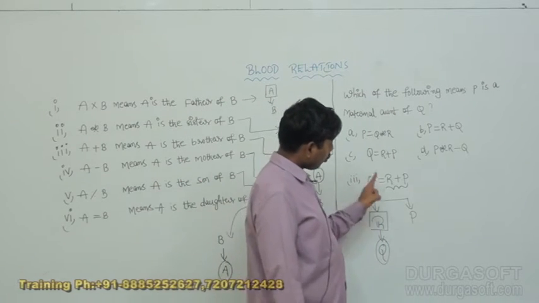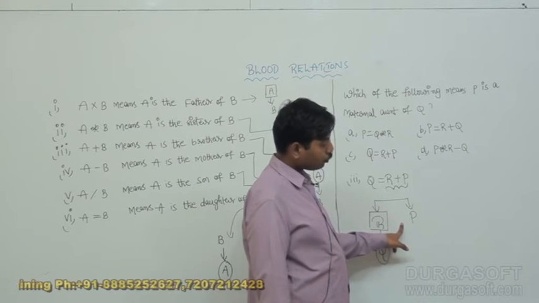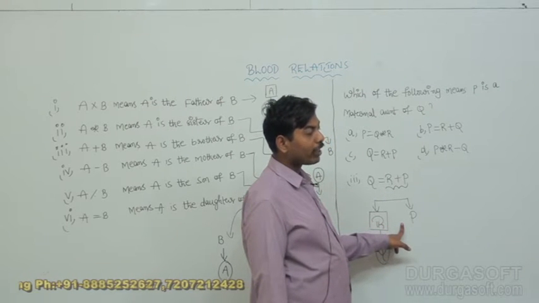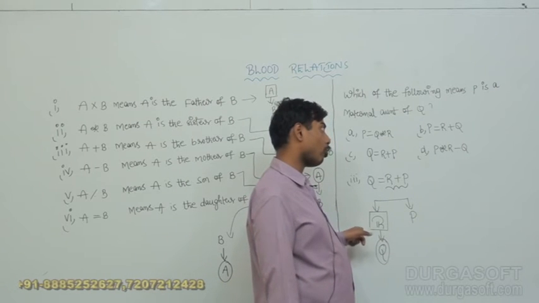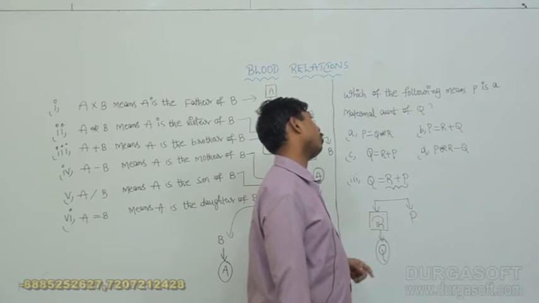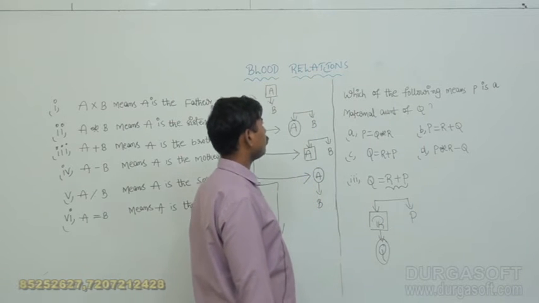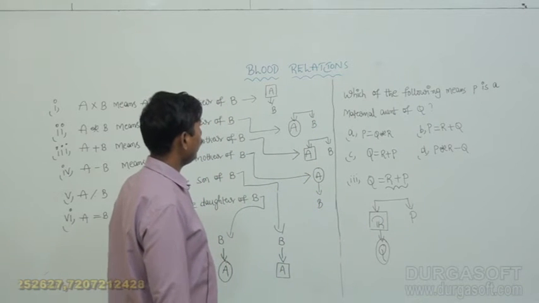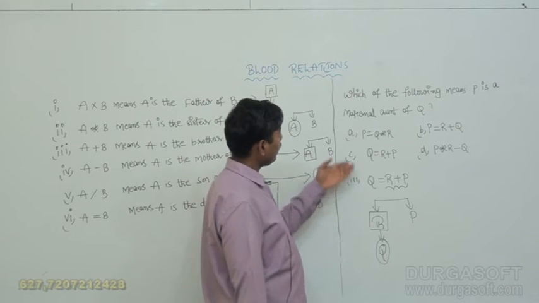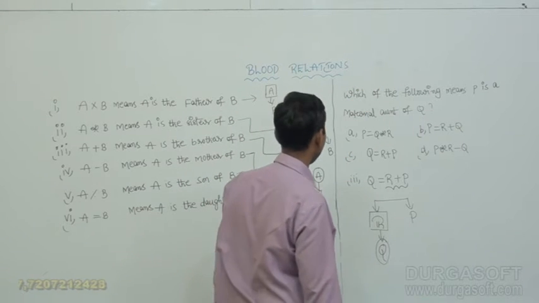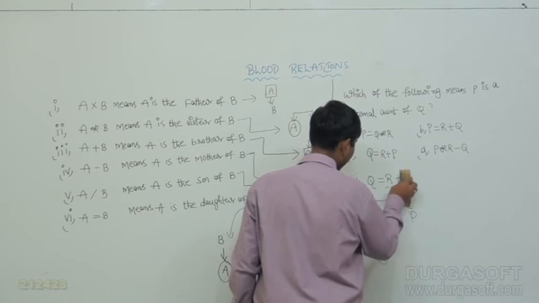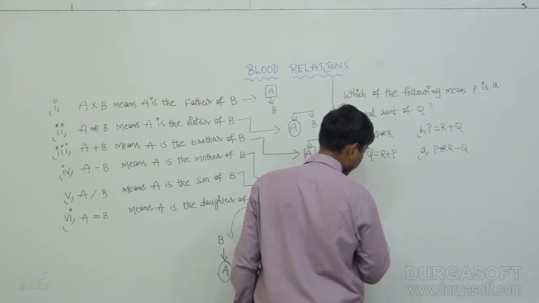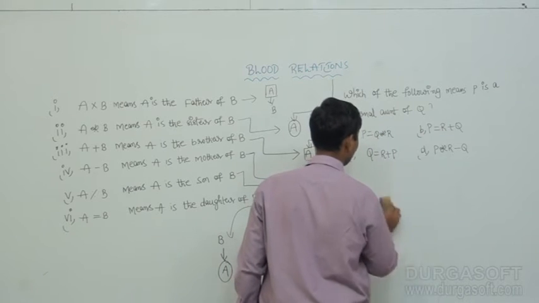We don't know the gender of P, but we know clearly the gender of R here. That is male. Is it really satisfying our condition? Even this family tree is not satisfying our condition. That is the reason the third option is ruled out from the game.